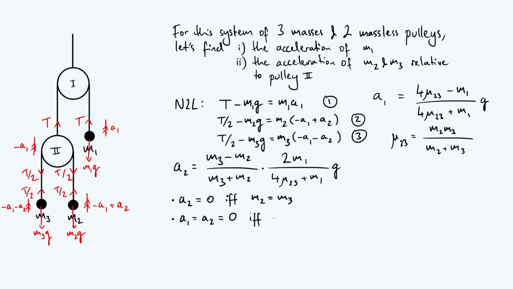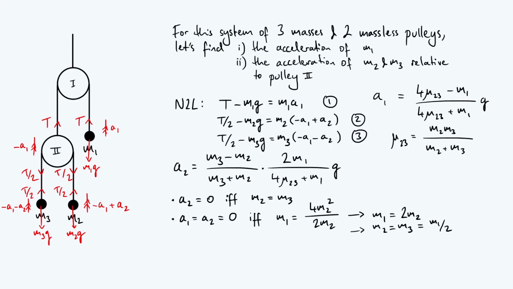Then our equilibrium condition is M1 equals 4 M2 squared, M2 times M2, over M2 plus M2, which is 2 M2. Of course, you can cancel a factor of 2M2 from the top and the bottom, and you conclude that M1 has to equal 2M2. In other words, M2 and M3 both have to be half of M1.